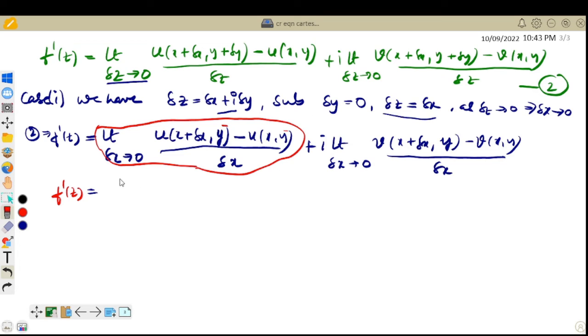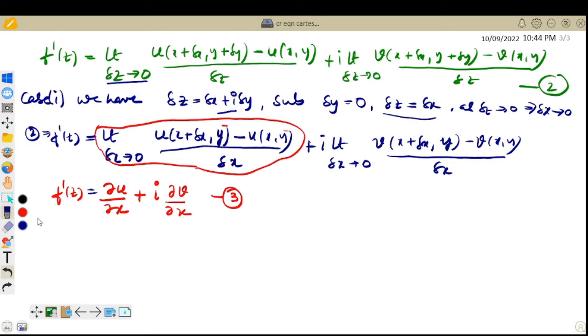So this is the definition of dou u by dou x, plus similarly i times this will become the derivative definition of v with respect to x. Call it equation number 3. Hope you understand the definition. These are the standard definitions of the partial derivative of u with respect to x and v with respect to x.